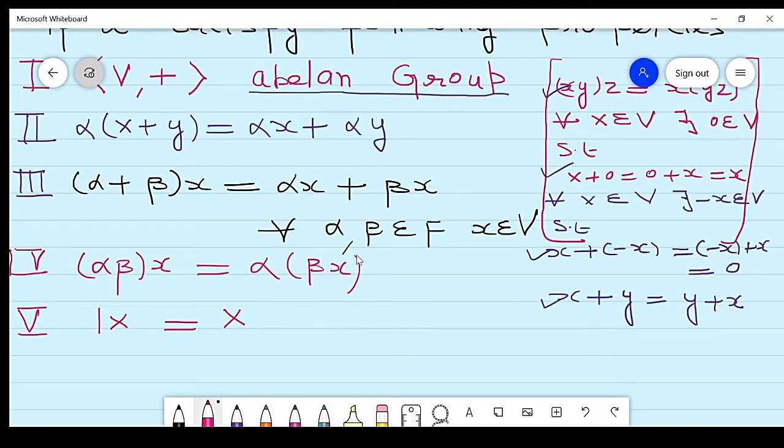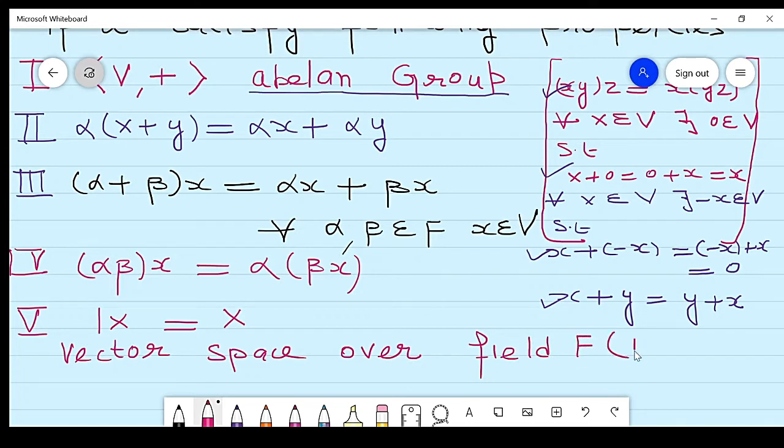So if V satisfies all the properties 1, 2, 3, 4, 5, then it is called a vector space over field F. It may be the set of real numbers, it may be the set of complex numbers.